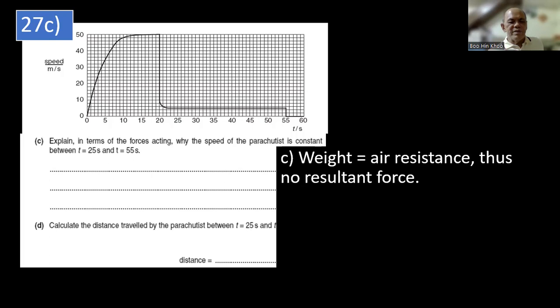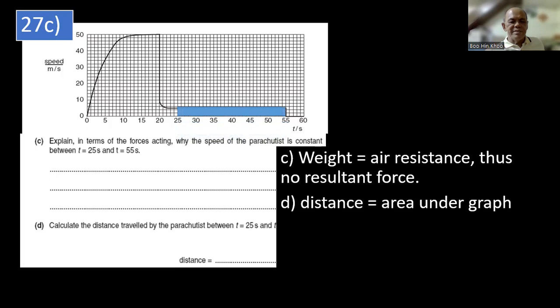So that's why it's moving at constant speed. Calculate the distance traveled by the parachutist. Distance is equal to the area under the speed-time graph, the area of the rectangle. Right? That's 55 minus 25. Calculate out, 150 meters.